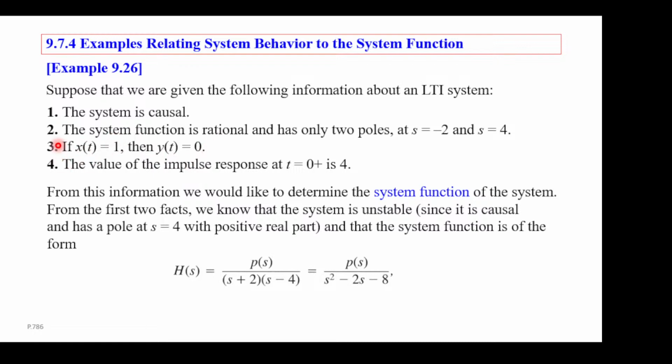So the input is a constant function 1, then the output is a constant function 0. And also the value of the impulse response, h of t at 0 plus, is 4. So we have those four properties, and we are asked to determine our system function H of s.